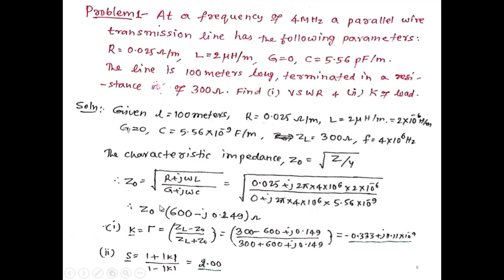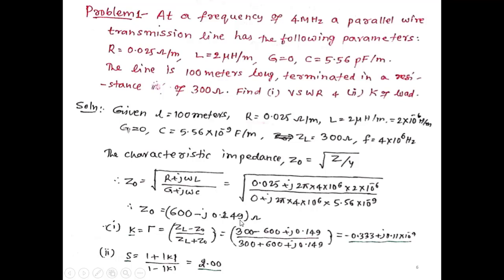Then by knowing the value of Z0, we can calculate the reflection coefficient. This is given by (ZL minus Z0) divided by (ZL plus Z0). ZL is 300 and Z0 is 600 minus j 0.149, so if we substitute here, in the denominator also 300 plus 600 plus j 0.149.